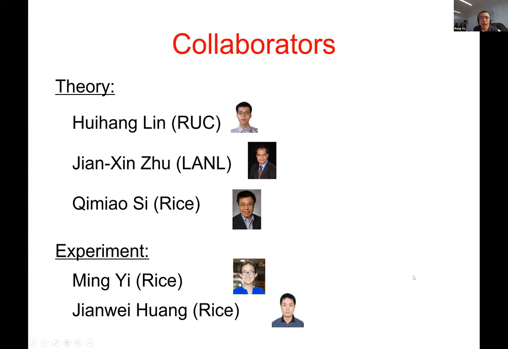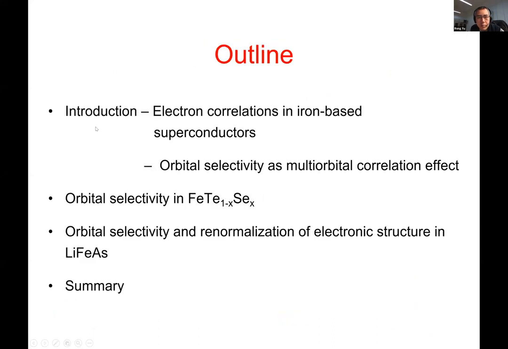So here's an outline. I will give a very brief introduction to the electron correlation effects in the iron-based superconductors, focusing on the orbital selectivity, which is actually a multi-orbital correlation effect for multi-orbital systems.